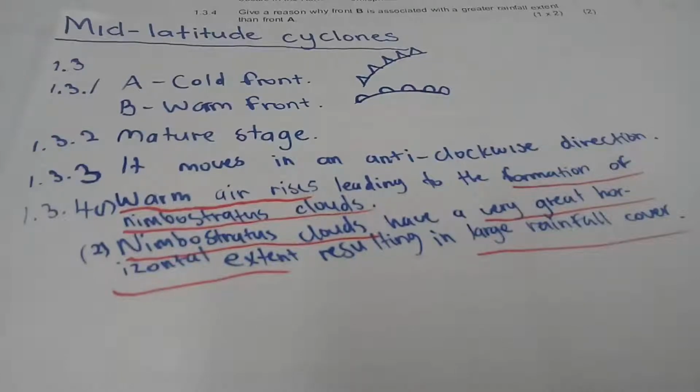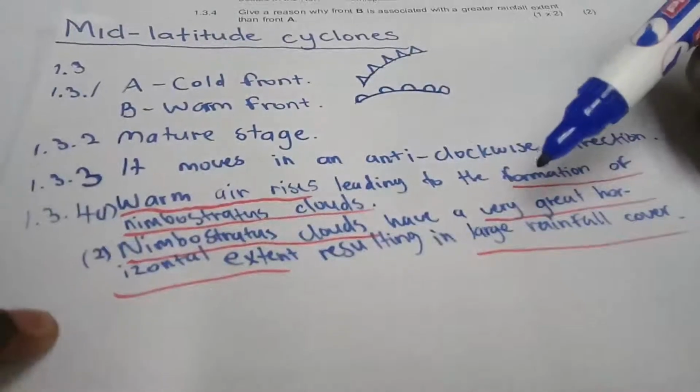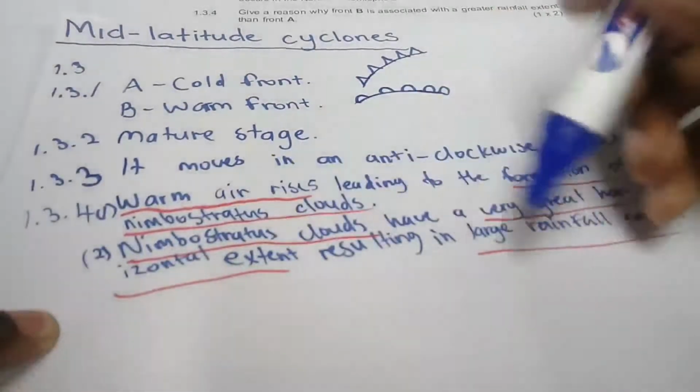But behind the cold front, we have clouds called cumulonimbus clouds. Right? So behind the cold front, we have cumulonimbus clouds, and behind the warm front, we have nimbostratus clouds. That is why I'm supporting the statement of this question. Nimbostratus clouds have a very great horizontal extent.